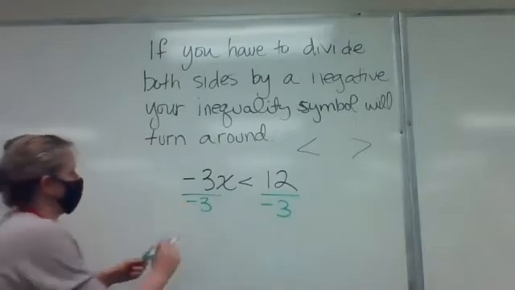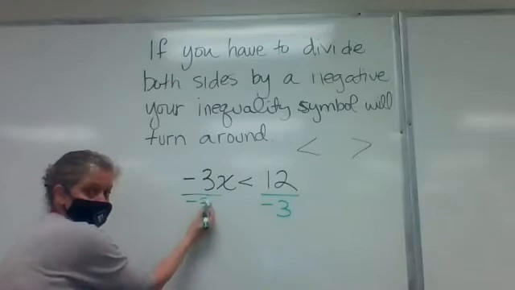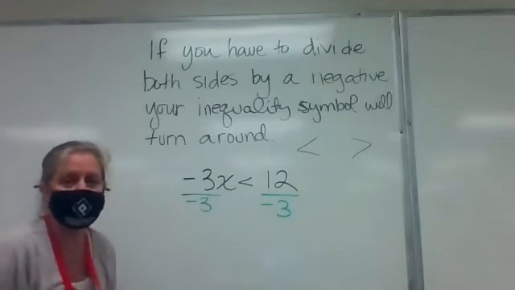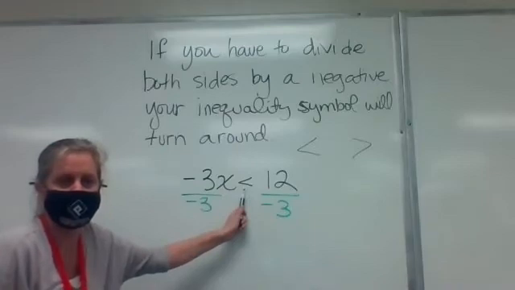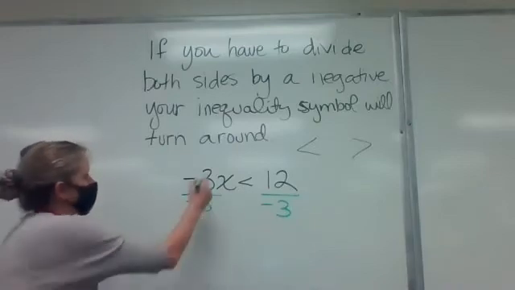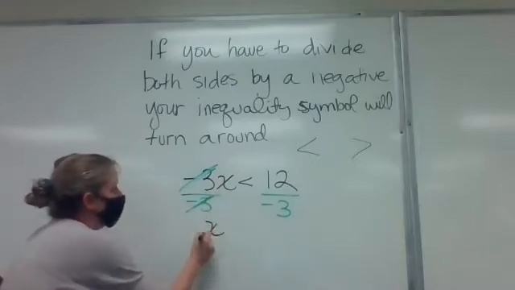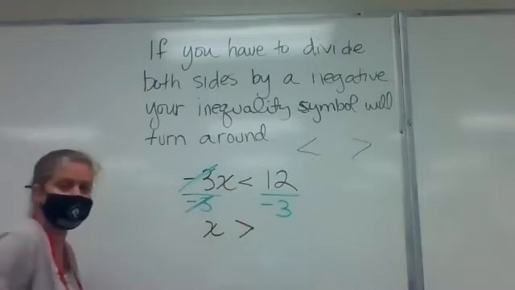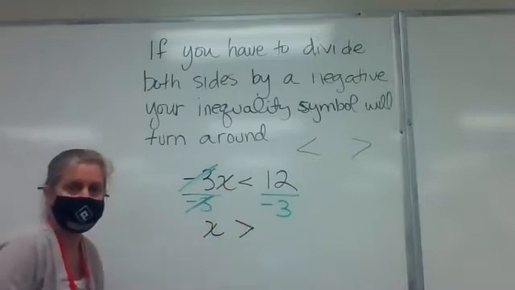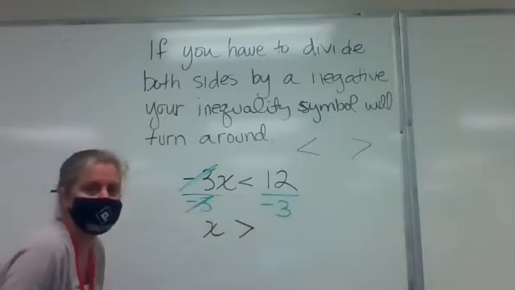If this number right here is a negative, that's when you're going to turn this symbol around. So the negative 3's cancel. There's my x. Since I divided by a negative, instead of pointing this way, now it's going to point that way. So it was pointing to the left, now it's pointing to the right.